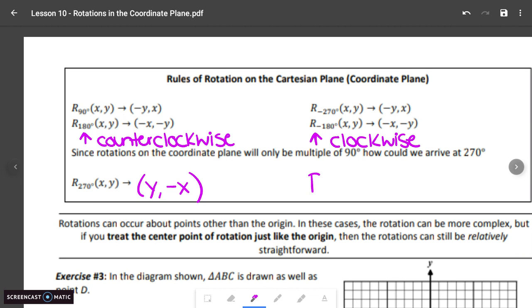And it would be the same as if I rotated clockwise 90 degrees. Okay, so those are the three possibilities. Usually it is 90, but it could have some kind of twist to it where it's 180 or 270. So we want to just keep those. As long as it's a multiple of 90, we're good.